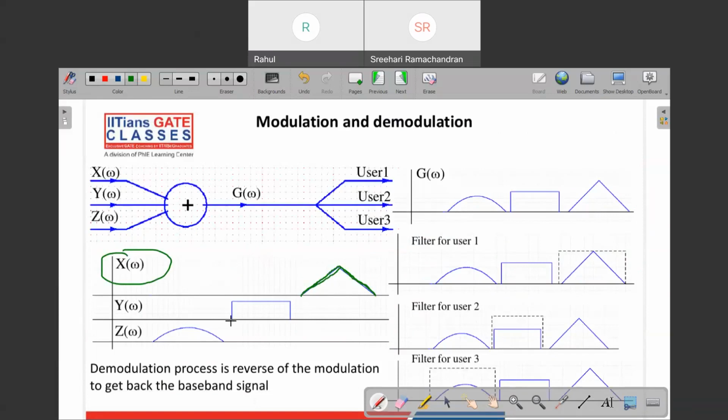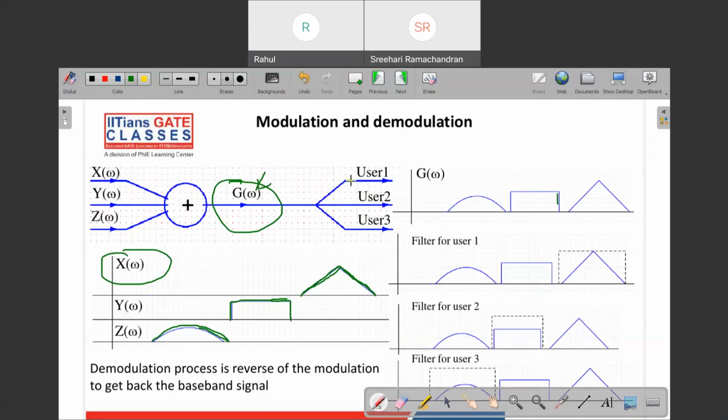For the second user, I have assigned the frequency such that after the up conversion, it is somewhere here. And for the third, it is somewhere here. Okay. So once you transmit all three signals into the same medium, at this point, G of W is going to look like this. So this is one signal, this is one signal, and this is another signal.